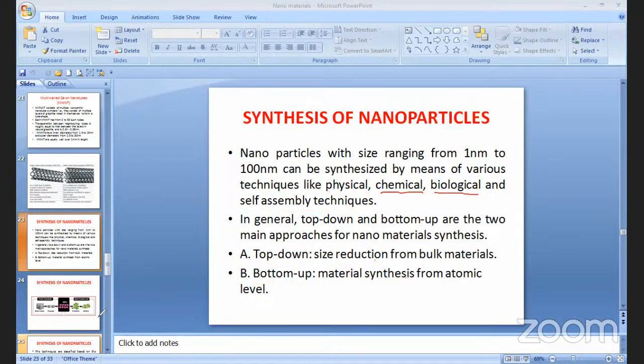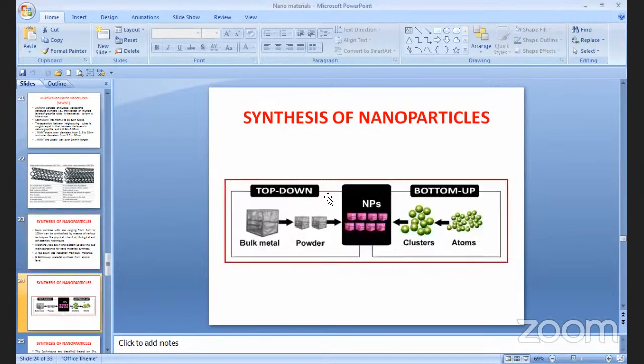If you see this figure, there are the general methods: one is the top-down method, and the other is the bottom-up method.